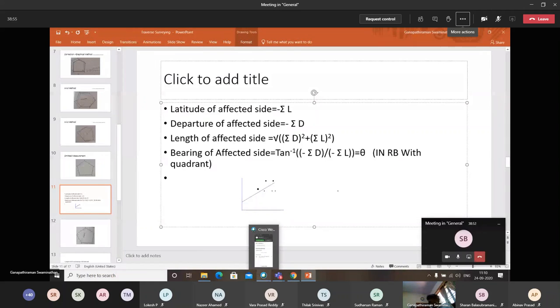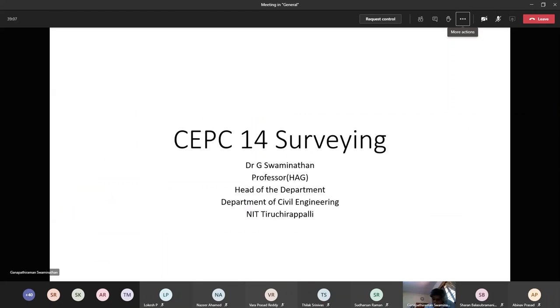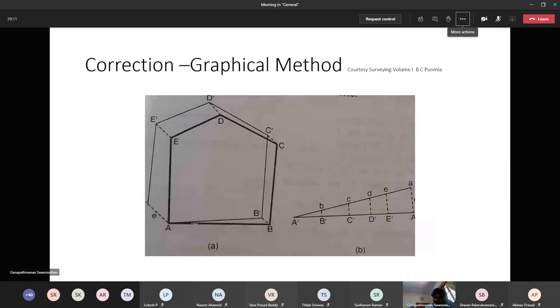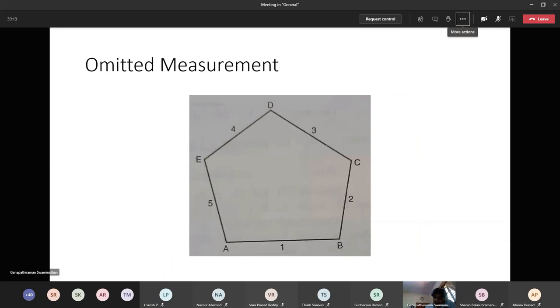So one side is affected. If one side is affected, what do you get? You are able to solve the problem. Suppose two sides are just affected. Okay? Two sides are affected. Suppose DE and EA are affected.